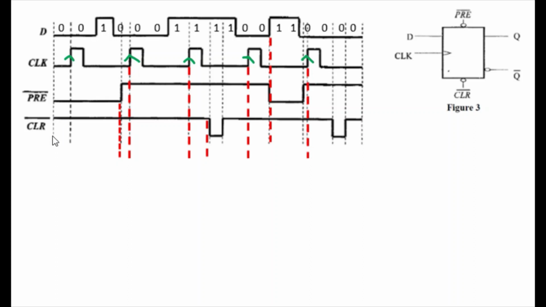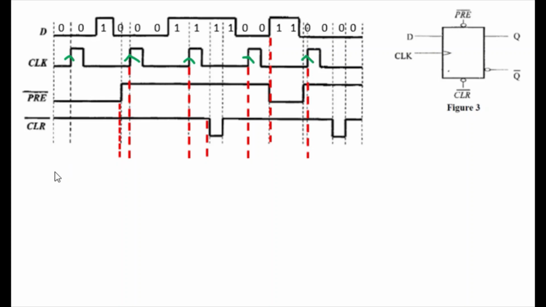Now the preset and clear commands are given, as I already explained. Initially the clear command is 1, so no need to bother about it, just go to the second priority, the preset command. Preset is 0, and when the preset command is 0, the output will be 1.